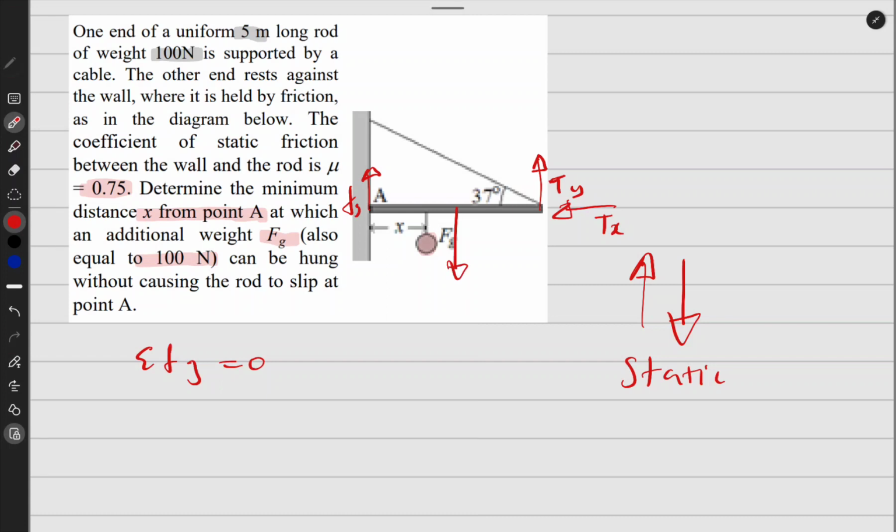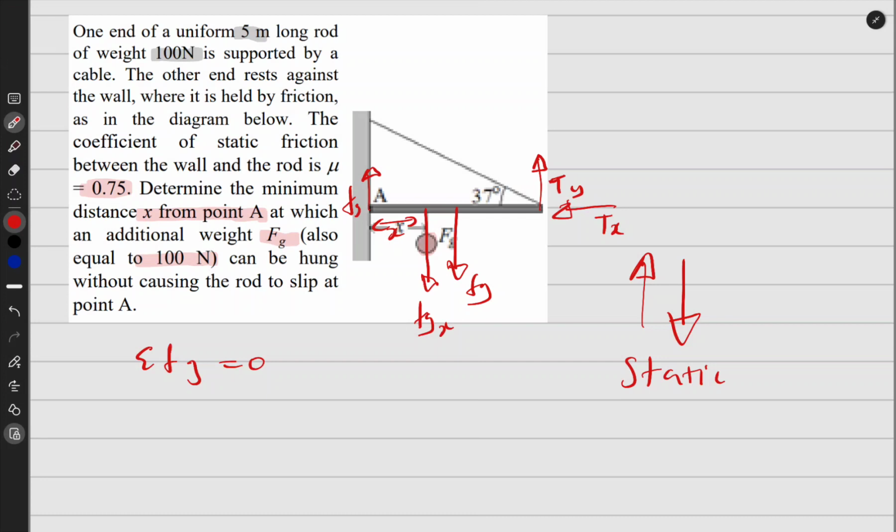In the center I have Fg, the weight of the rod, and I have another Fg that needs to be loaded here, but we don't know how far from A it needs to be loaded, which is what we are trying to work out.